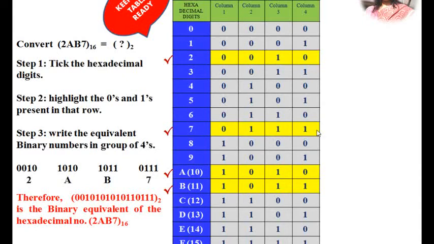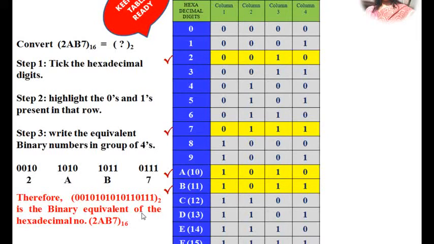You just have to match and write the answer. Therefore, 0010 1010 1011 0111, this is the binary equivalent of the hexadecimal number 2AB7.